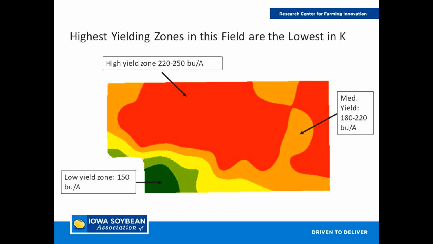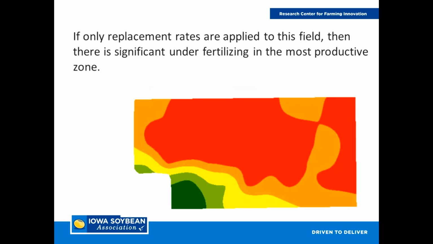You can see that would be a mistake in this situation because we're already at a very low level and we're underfeeding this crop. That's probably the worst thing you can do in a field like this. If we only replace what's removed from this field on average, there is significant under and over fertilizing.